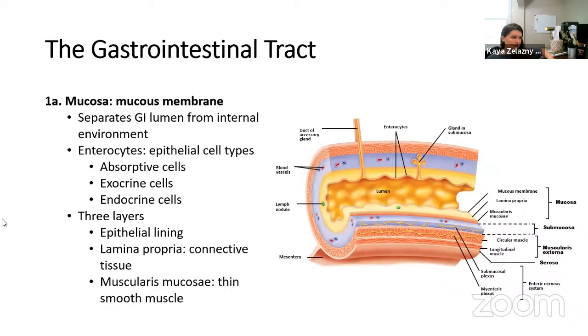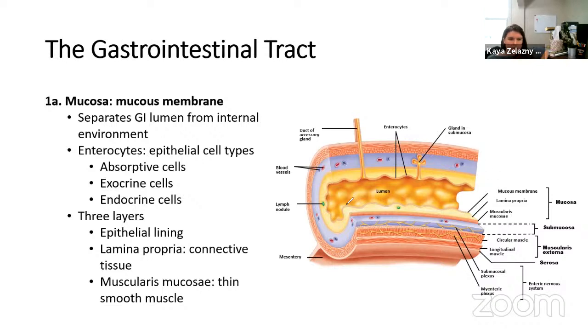Okay, so we're beginning with the mucosa. The main role of the mucosa is to separate what's in your GI tract from the rest of your body. The first part of the mucosa is going to be a mucous membrane consisting of different types of epithelial cells.